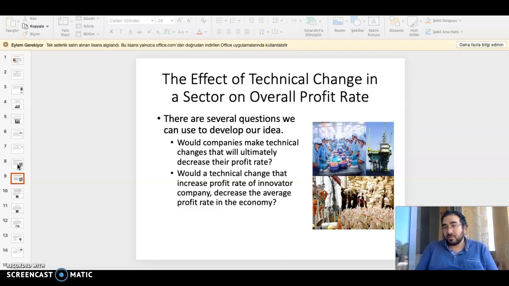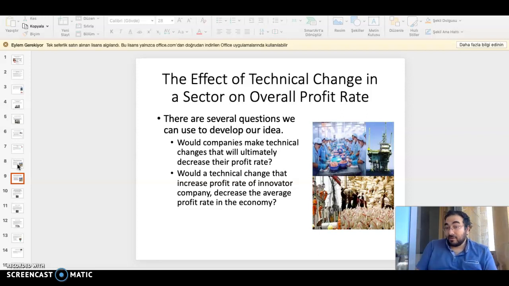Of course, that technological advancement can be used by multiple sectors, but a similar type of increase in the technology tends to lower the profit rates for the whole economic system, basically. But initially it increases the profit rate of the inventor company. So the inventor does what is best for itself, but basically, in the end, the companies in general are harmed by this process.